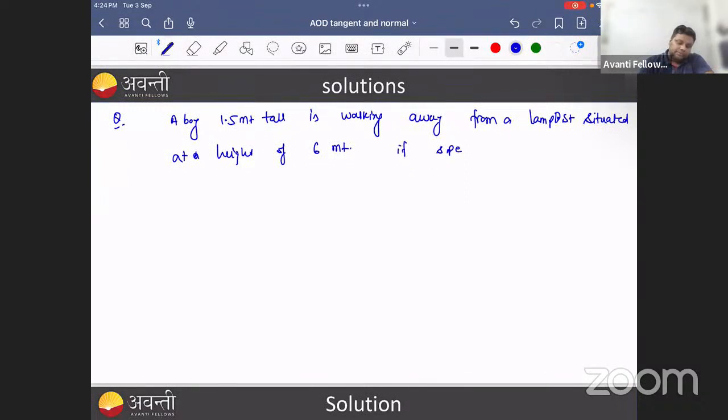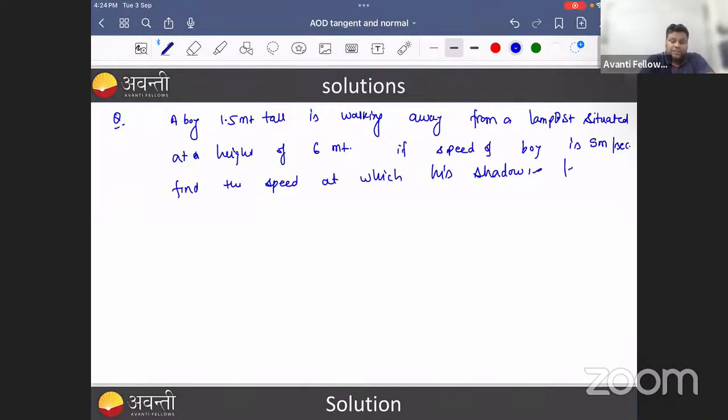If speed of boy is 5 meter per second, find the speed at which his shadow is lengthening. His shadow is lengthening. Take a minute.